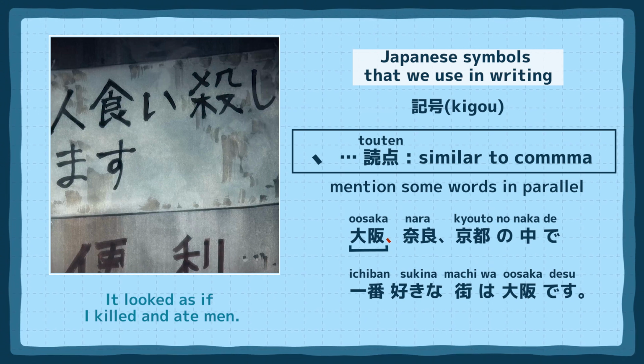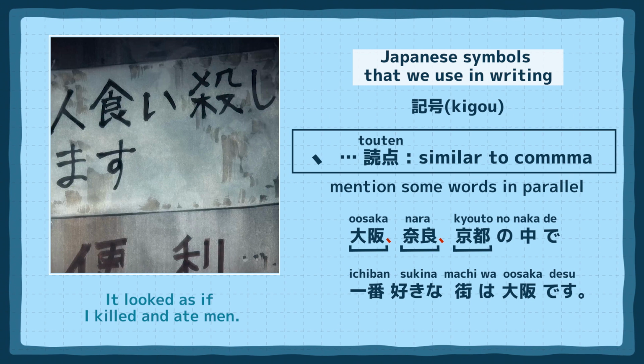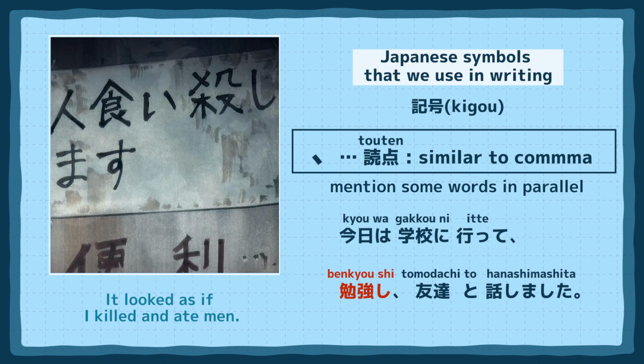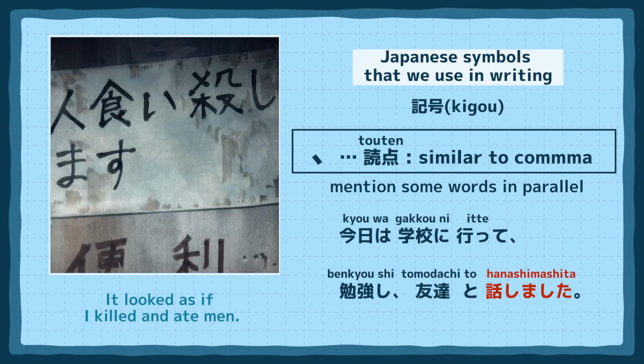Here, Osaka, Nara, Kyoto are lined up in parallel. 今日は学校に行って、勉強し、友達と話しました。今日 is today, 学校 is school, 行って, the original form is 行く, go, 勉強し, 勉強する is study, 友達と is with my friend, 話しました is had a chat.